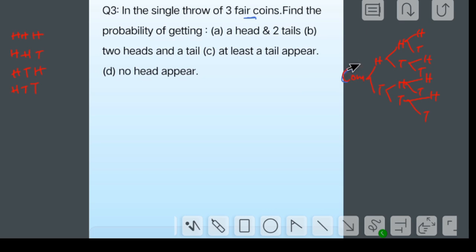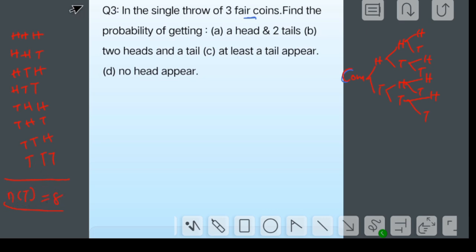Now, we are done with this branch. Let's come to this branch. Tail, head, head. The next one will be tail, head, tail. Then we can have tail, tail, head, and then tail, tail, tail. Now, the total outcome here is 8.